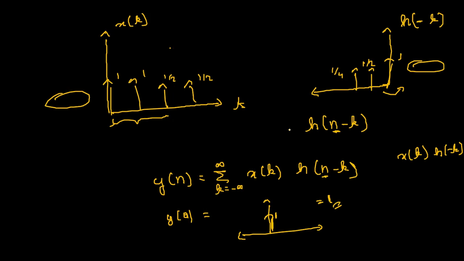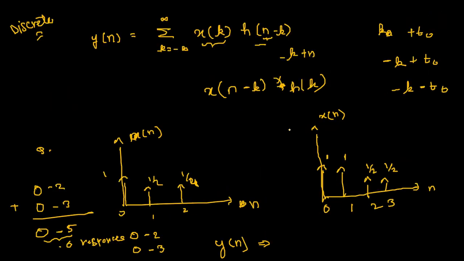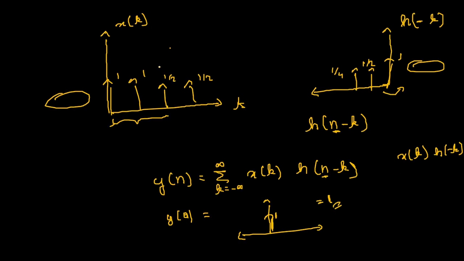So just to make sure that everything was clear here, what we do is we fix the value of x of k, right? This will not move. And on the other hand, this h of minus k keeps shifting. So to find y of 0, we put n as 0 in this.